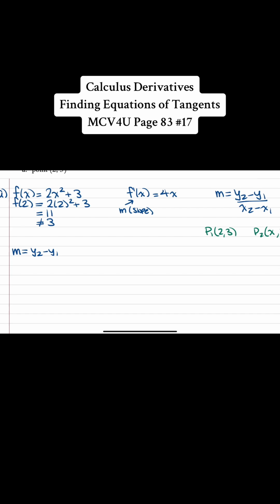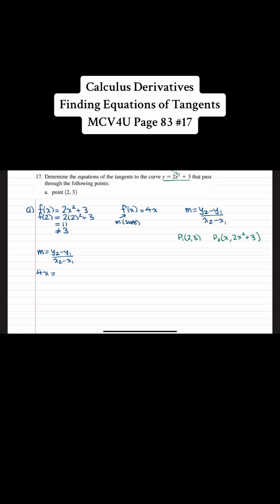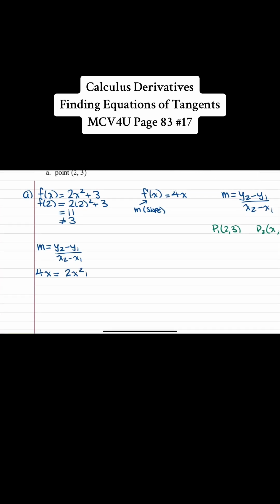We can now say that m is equal to y2 minus y1 over x2 minus x1, and now plugging in all these values, we can plug in the derivative for m, 4x, equal to 2x squared plus 3 minus 3, all over x minus 2. Now we get 4x is equal to 2x squared over x minus 2.